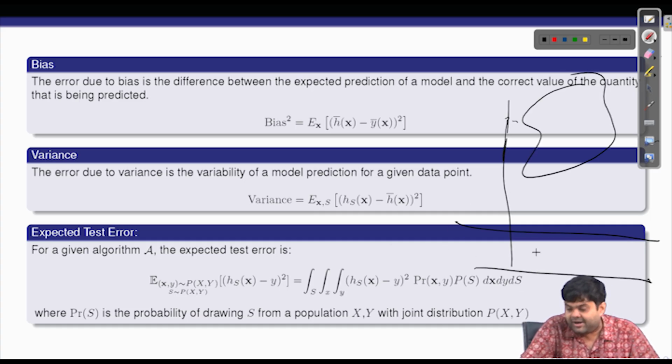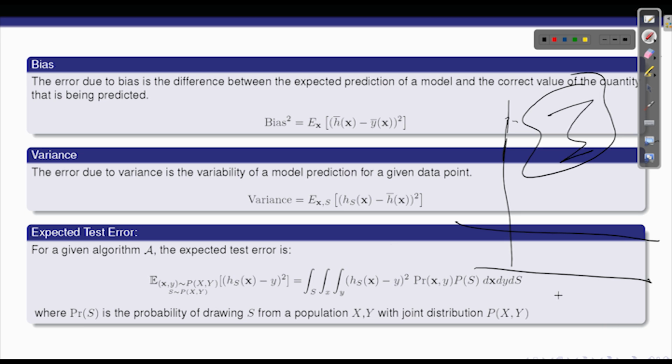You can make a prediction rule, say constant y equal to minus 100 for all samples. Then this will have very low variance, because for all S and all x, y will be minus 100.